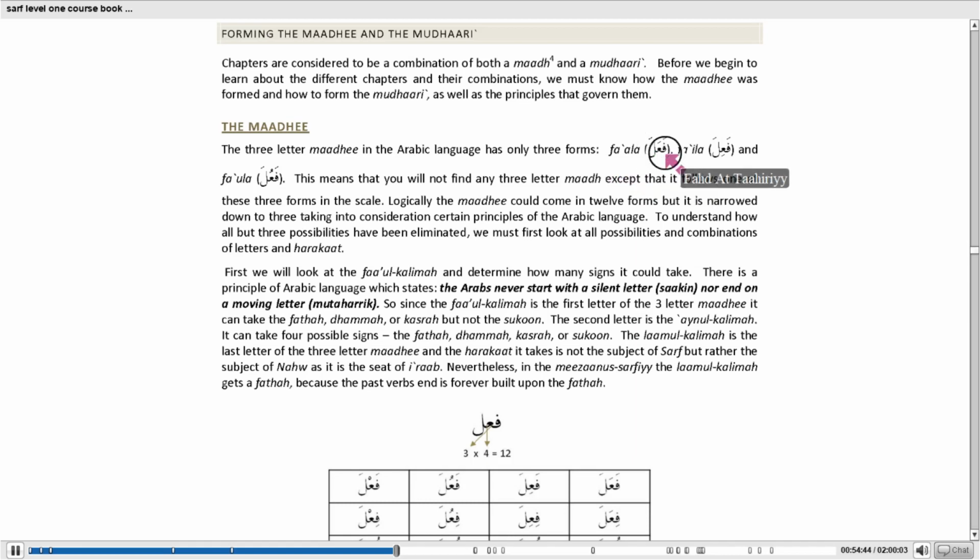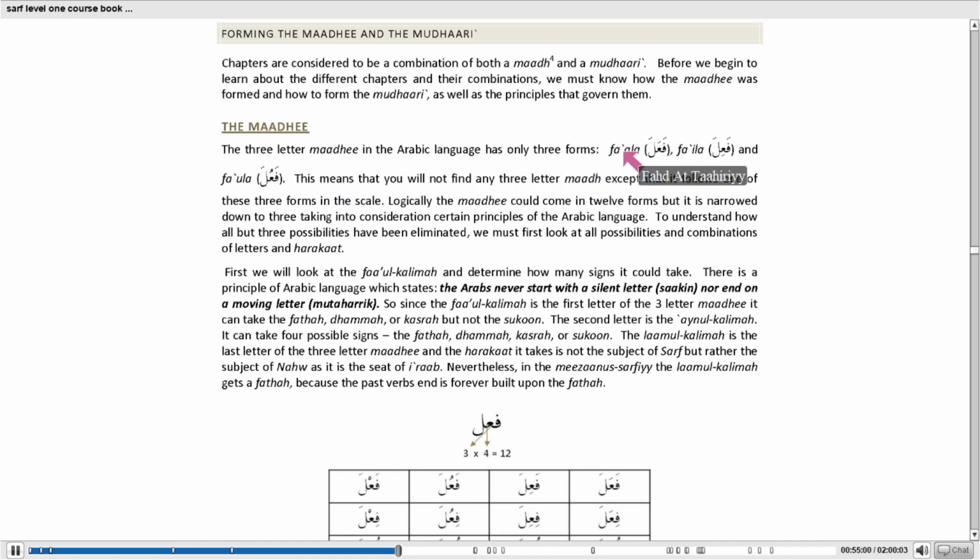Either it is fa'ala like daraba and akala and qatala, or it is on the scale of fa'ila. Remember, those are scales.